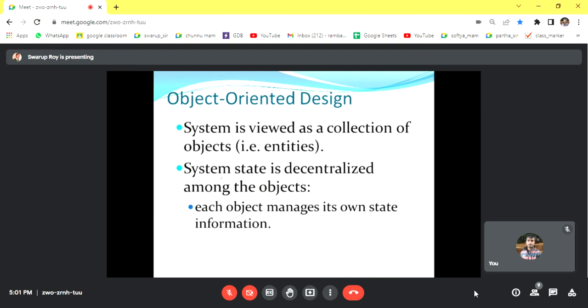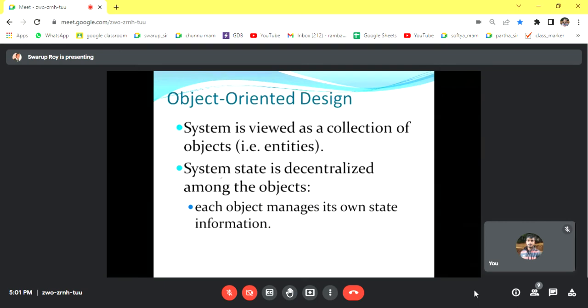A class itself is a module, containing some data structures, data elements, and a set of functions which operate on those data or variables.